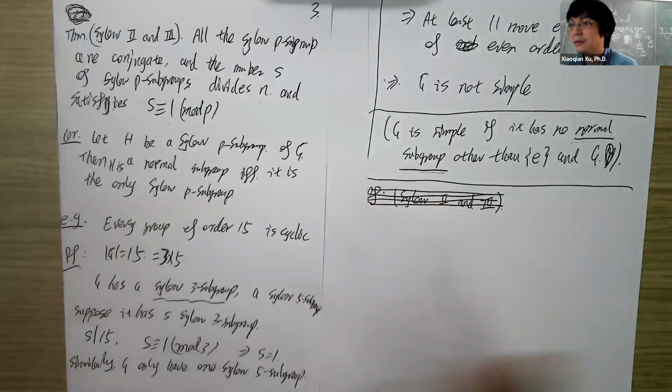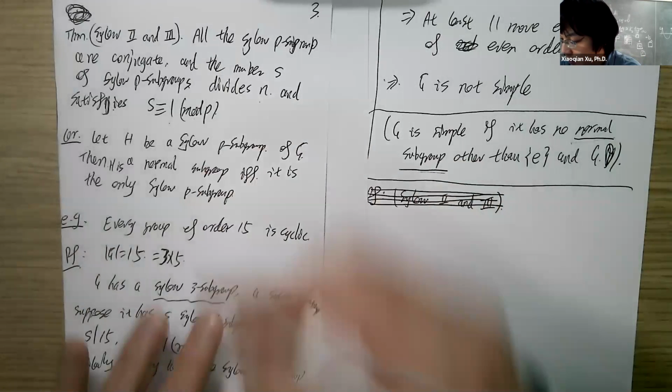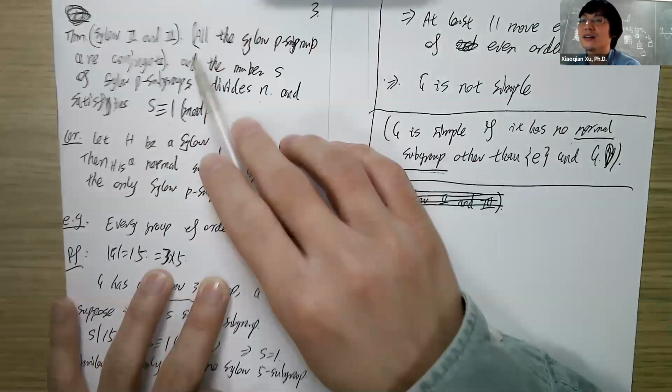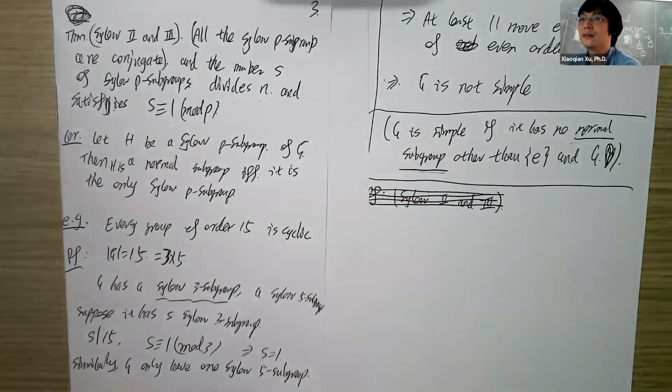What is the Sylow second theorem? The Sylow second theorem says that all the Sylow p subgroups are conjugate to each other. In some literature this is called the second Sylow theorem.